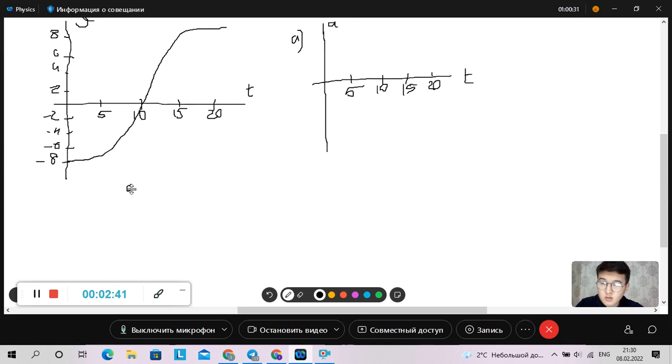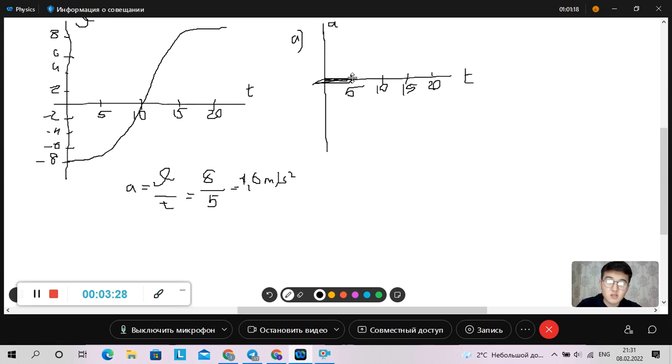We need to find the acceleration: velocity over time is equal to 8 over 5, which is equal to 1.6 meters divided by second squared. In the first time interval the acceleration is 0 because it moves in a straight line.